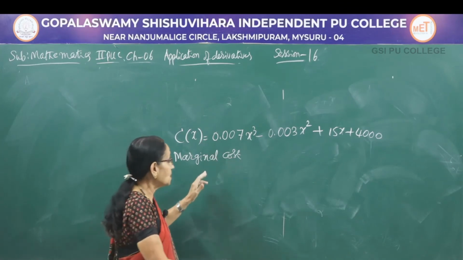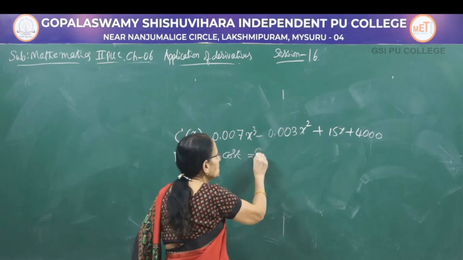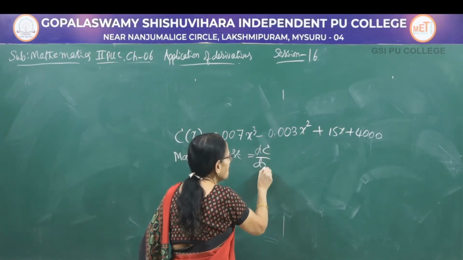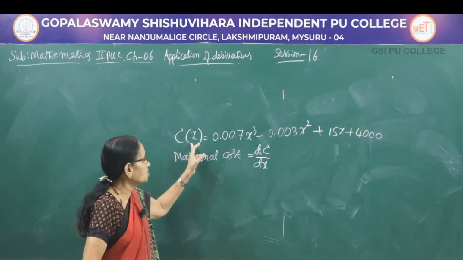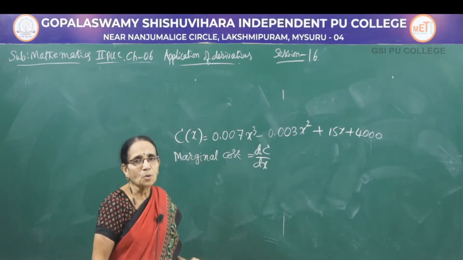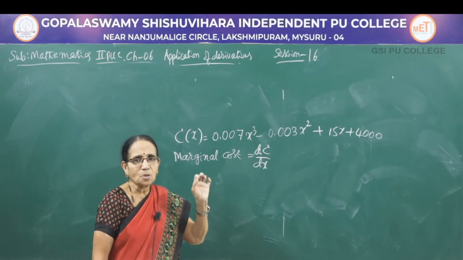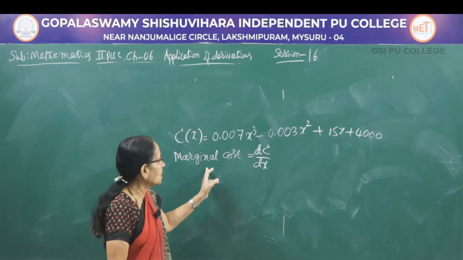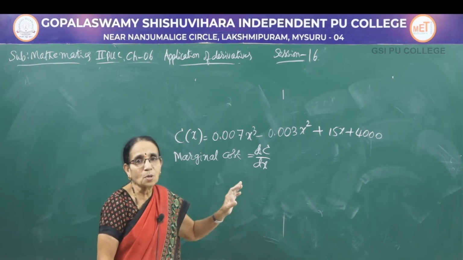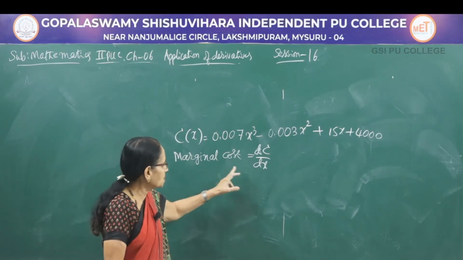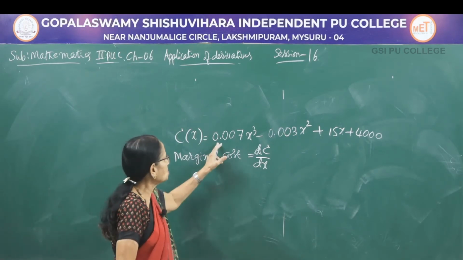So, marginal cost is what we write as dy by dx; here we write it as dC by dx. In other words, it is the first derivative of the cost function with respect to the number of units manufactured, the rate of change of the cost with respect to the number of units manufactured. So, marginal cost, this is the formula dC by dx. Now, you have to differentiate.